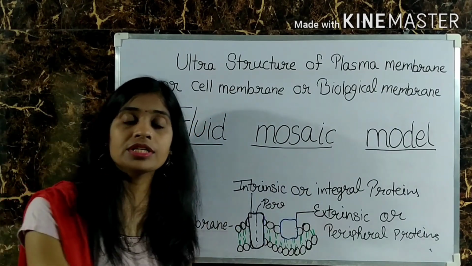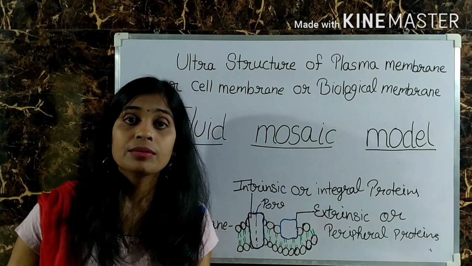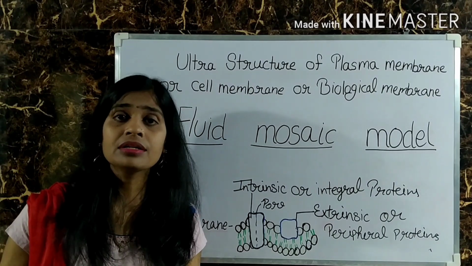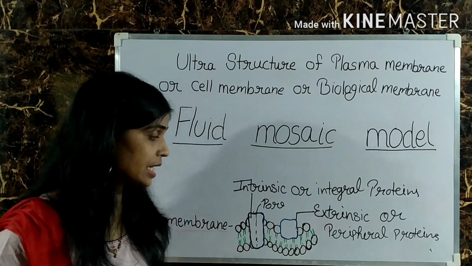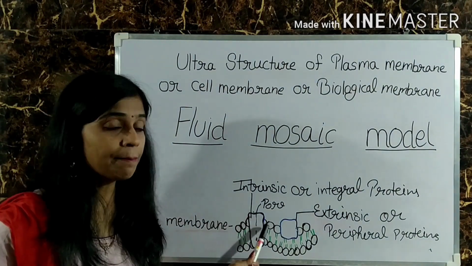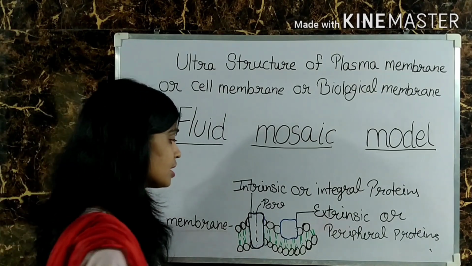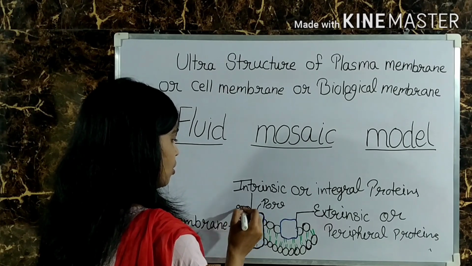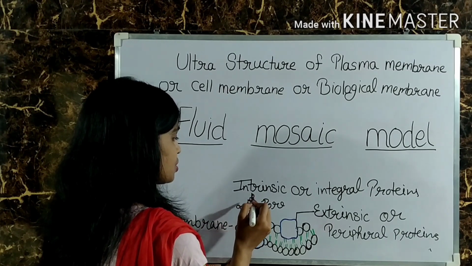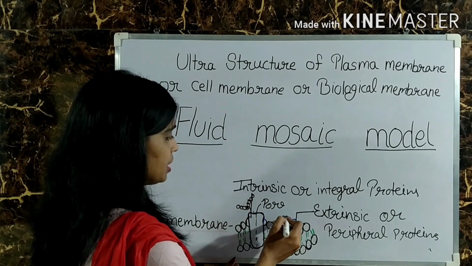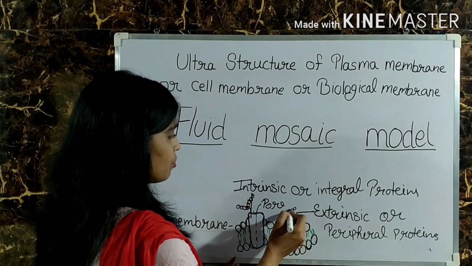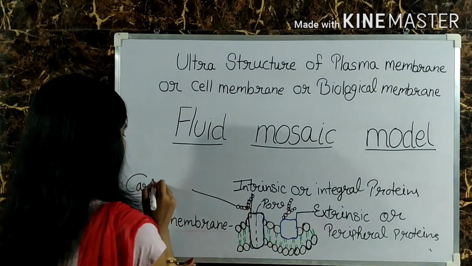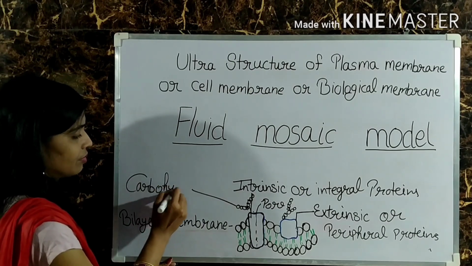Some chemical reactions also take place in these protein components. Some branched structures are found on the upper side of the proteins. They are the carbohydrates.